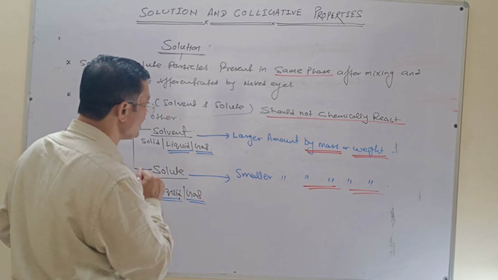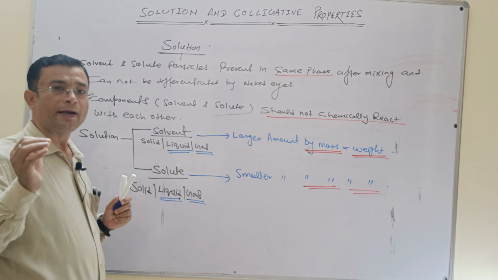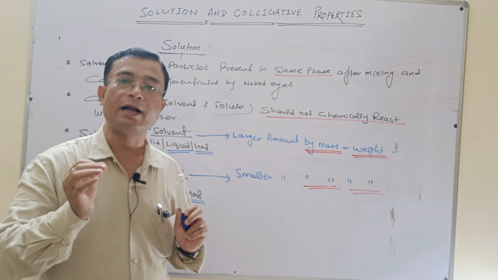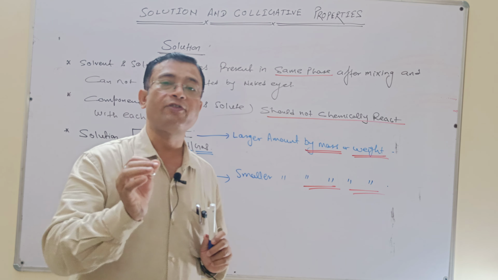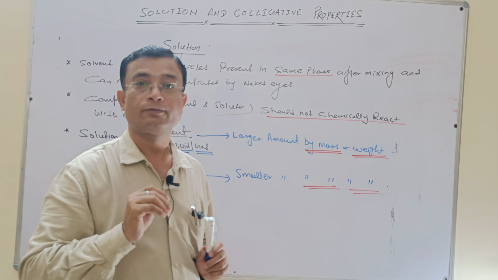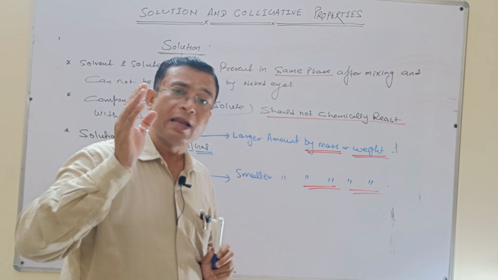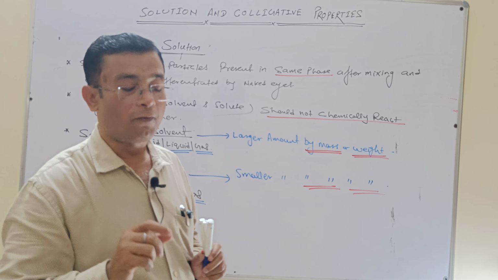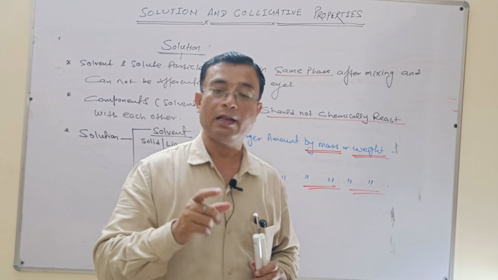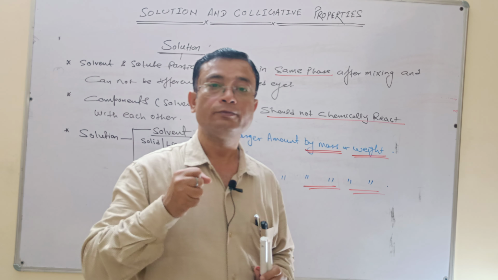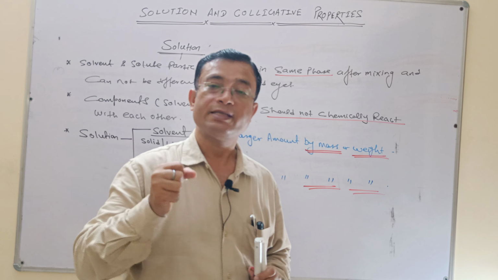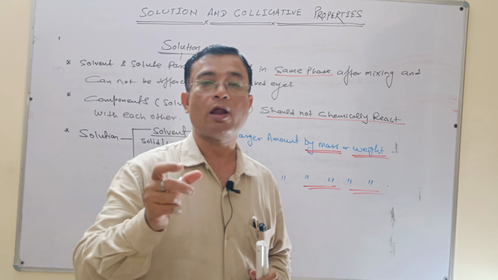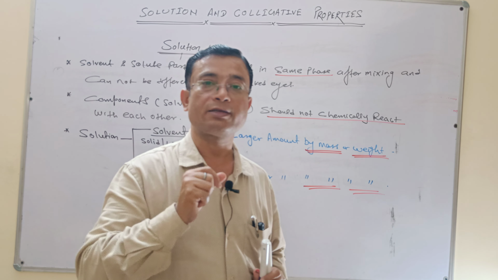Now, the components of a true solution, that is the solvent and solute, cannot be differentiated by the naked eye and cannot be isolated by ordinary physical methods. What are the ordinary physical methods? Like hand picking, filtration, centrifugation, these are all ordinary physical methods.